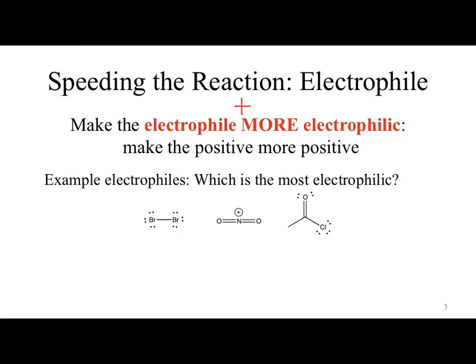Which of those three is the most positive? Probably the one with the positive charge. That sounds pretty reasonable. I like that guess. Okay. So that one's going to be our most electrophilic. How about between the other two? Okay, why do you say the carbon will be more electrophilic than our bromines?